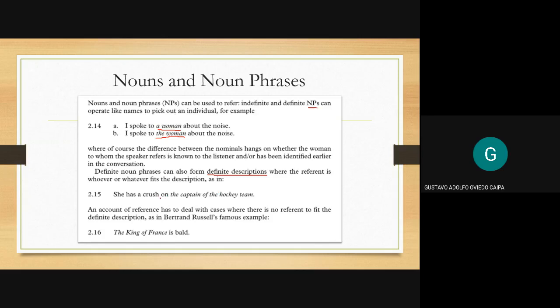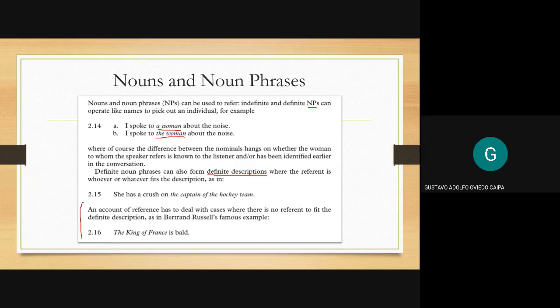But again, these descriptions are also very much variable because they can change. For example, if I say the semantics teacher, right? In this moment, there are two. One is me, myself, in the university, and another one is one of my mates, the other teacher that teaches in the night. So we can have two of those.